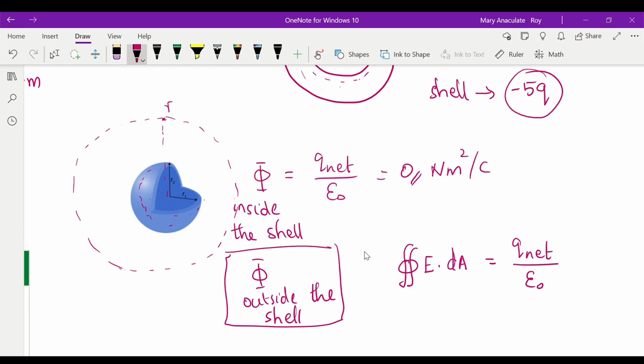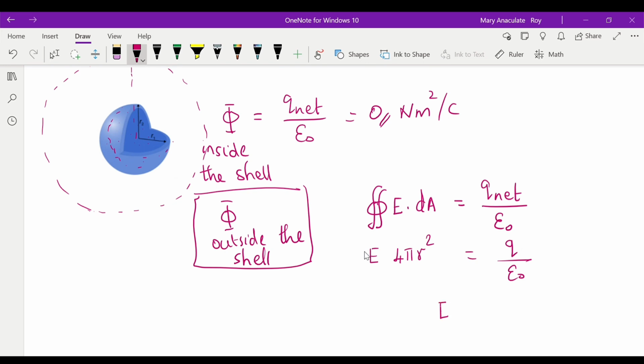So how do we find Q net? You apply the formula rho times V, and the area here will be 4 pi r squared. Since E is constant over the surface, if you integrate the total area, it's E times 4 pi r squared equals Q enclosed over epsilon naught.